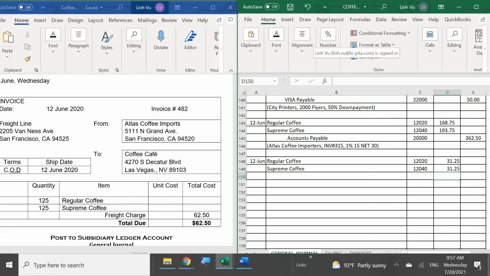Okay? And how did I pay for it? Do I owe this freight line, or what did I do here? That is cash on delivery.